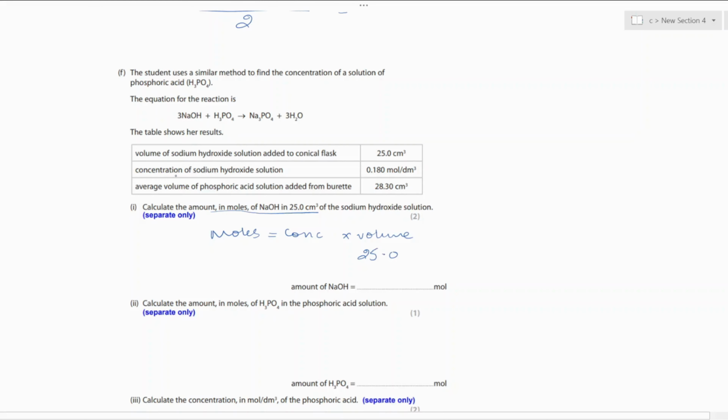The concentration here is mentioned, it is 0.180. Keep in mind this is in cubic centimeters. We have to convert this into cubic decimeters for concentration, so we have to divide this value by 1000. So it would be 0.025.